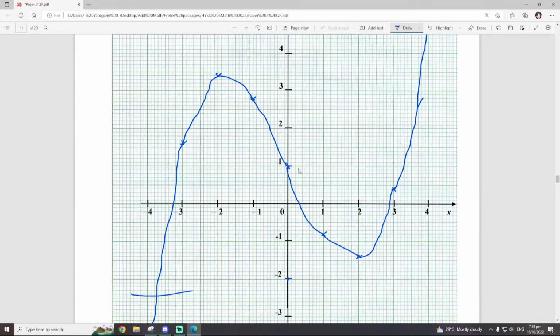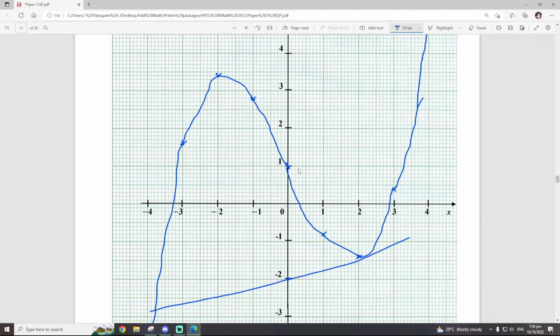Of course you can estimate the tangent, and my answer is probably going to be very off of the actual answer because I didn't use a curve ruler, but the method is there. And I don't have a ruler, so I'm kind of trying to guess where the tangent is. Probably here. Yeah, there you go.